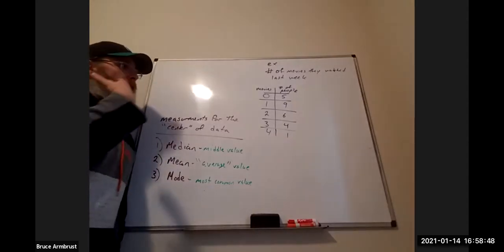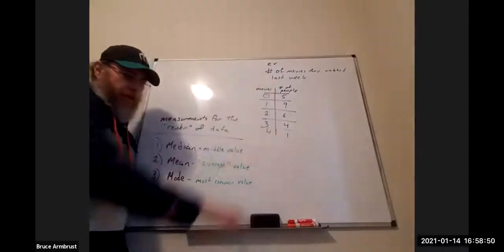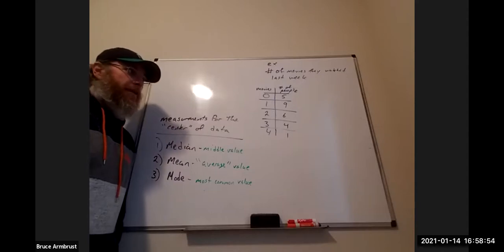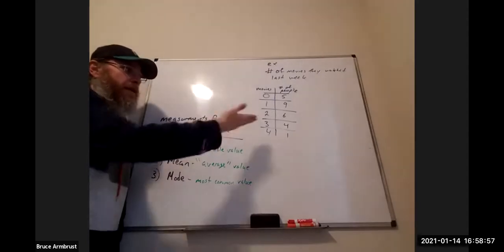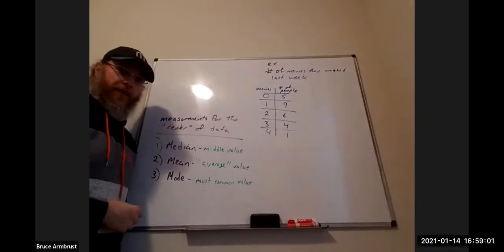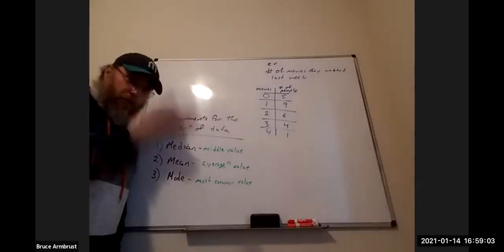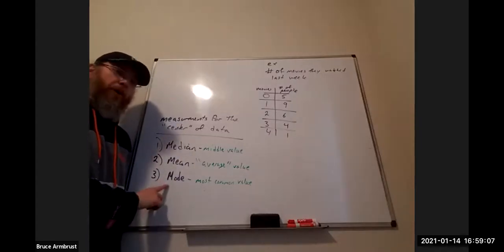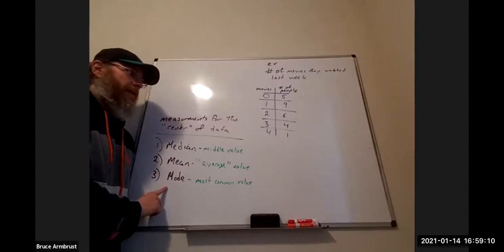Now, I want to show you how to do this with a chart like this instead of just a list, because it's much more frequently the case that we get a table like this with responses and their frequencies than the actual list.